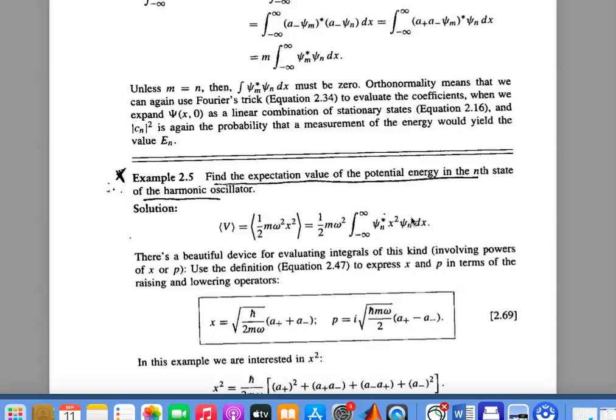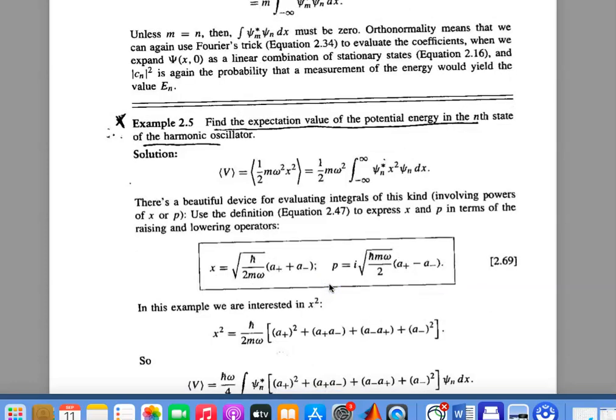Now, how to configure the integrand in order to find the expectation value? You need to recall that the operator for x is given in terms of the raising operator a sub plus and the lowering operator a sub minus.